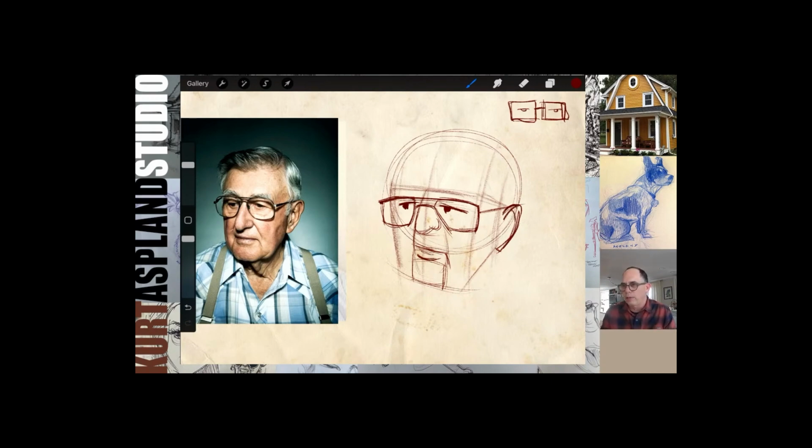So right now we'll just put that in place right there. Now, look at this side of his face here. The picture shows me it's very straight. And let's quickly just drop in this hair.